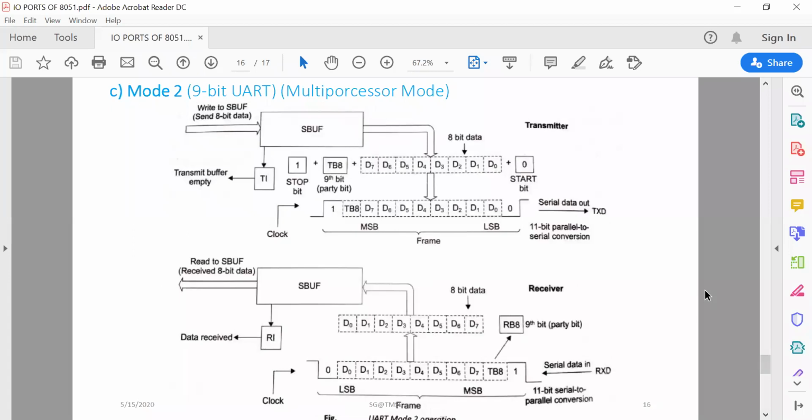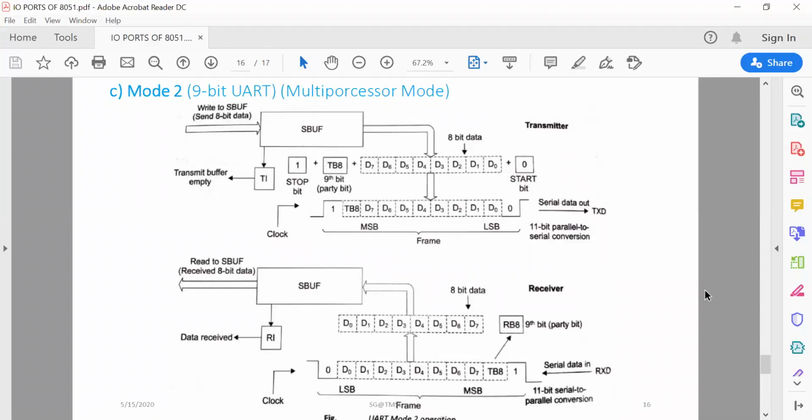In mode 2, it is a 9-bit word which is used in multiprocessor mode. Basically mode 2 is used for multiprocessor communication purposes. So it actually transmits 11 bits through the TXD pin and receives through the RXD pin.